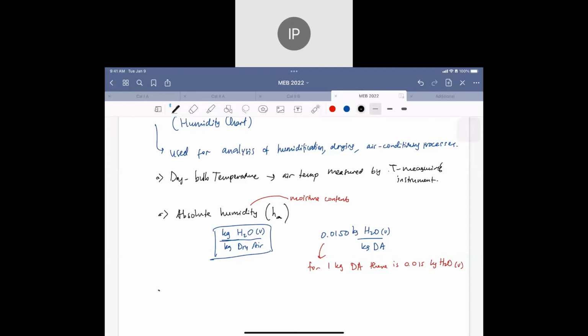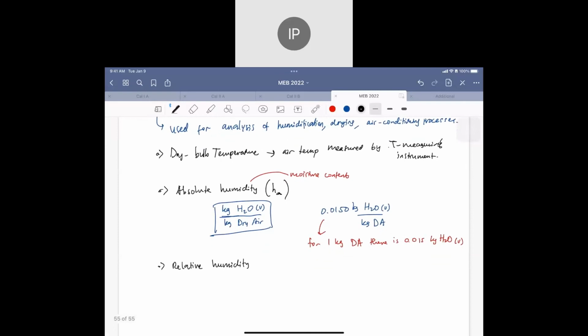And we could also have the relative humidity, or HR. I will give you the chart after this page. Let me just write all the terms we are going to have. This is 100 multiplied by the partial pressure over the saturation pressure at some temperature.